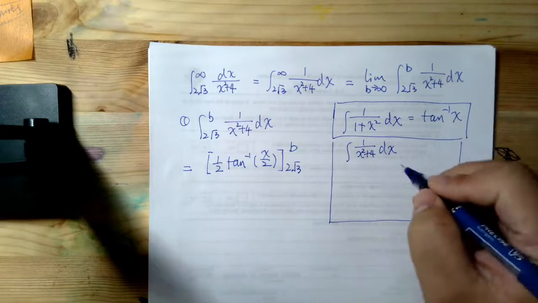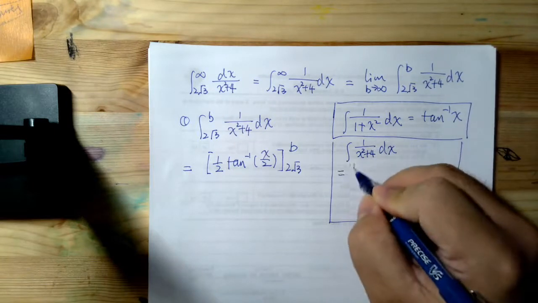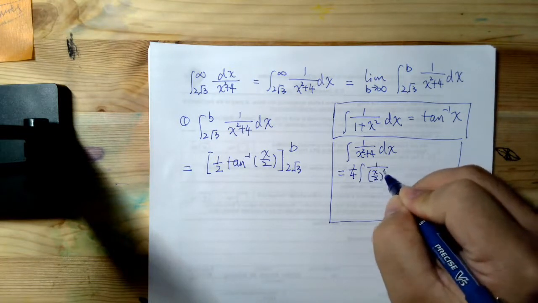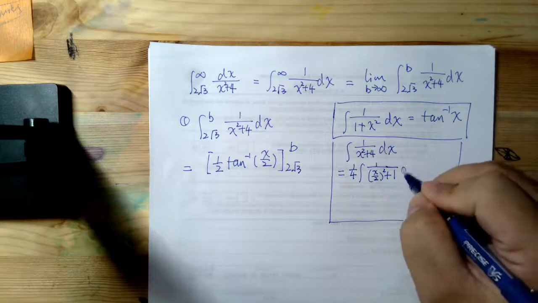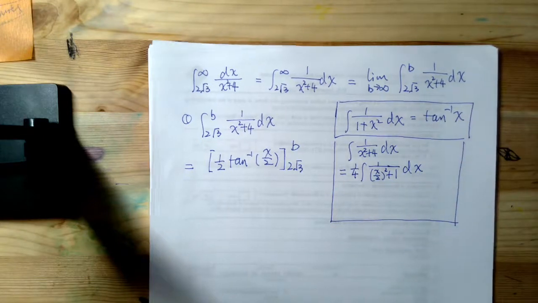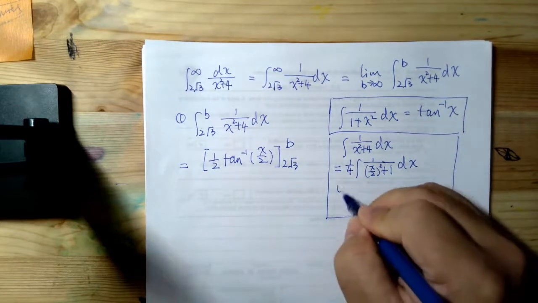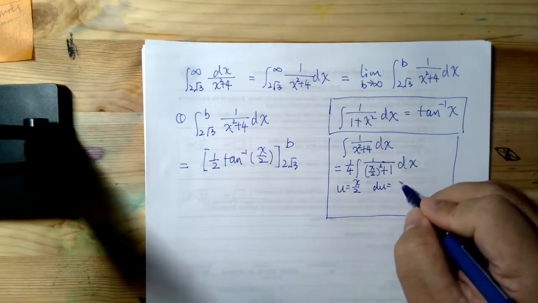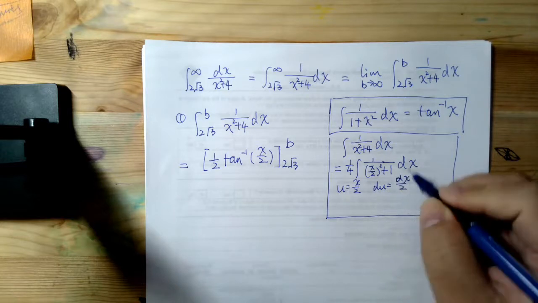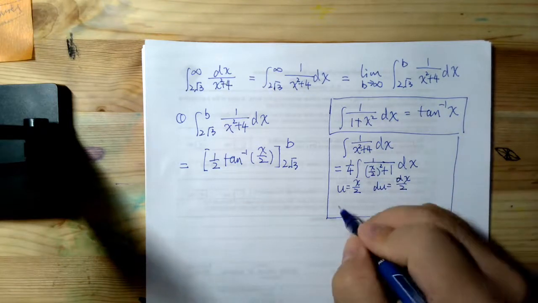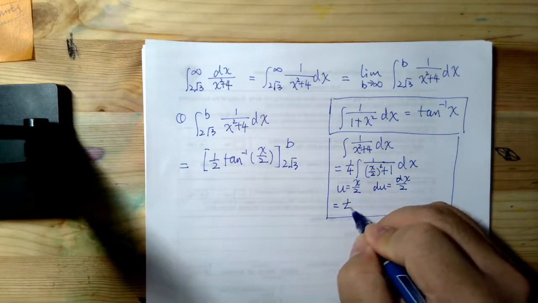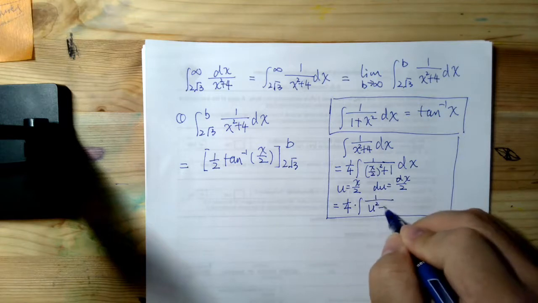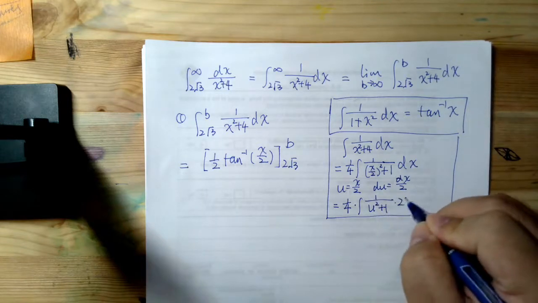So this integral here, we can rewrite it as the integral of 1 over (x over 2) squared plus 1 dx. Then we set u equals x over 2, so du equals dx over 2. You make the substitution, and it gives you 1 over 4 times the integral of 1 over u squared plus 1 times 2 du.